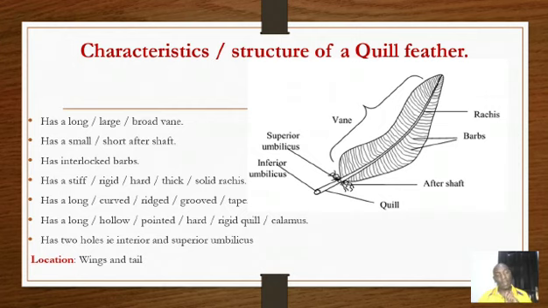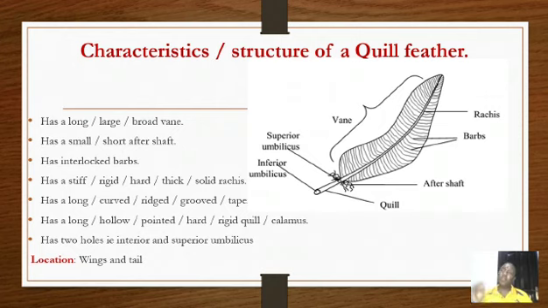Remember we've said the inferior umbilicus and the superior umbilicus, they are like holes, openings. Now at the point where we have the superior umbilicus, we also have the after shaft. The after shaft, they are like hairs at that point.